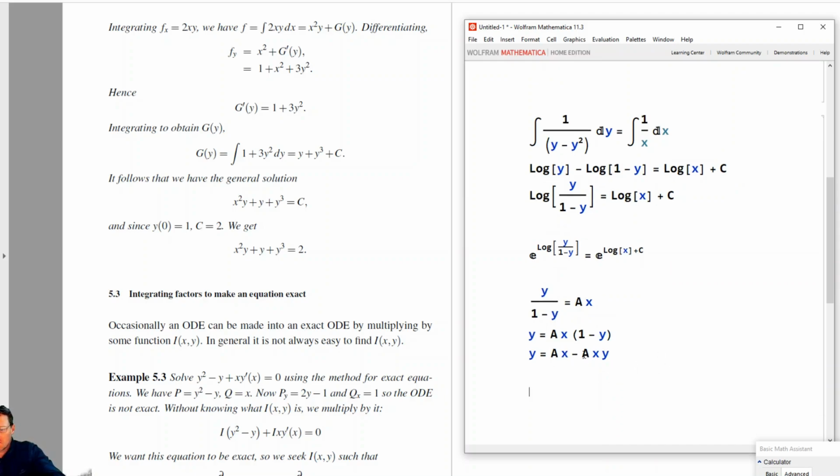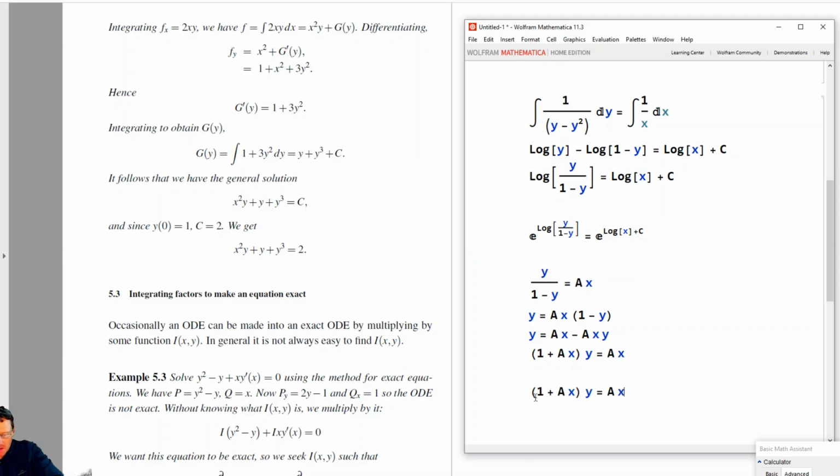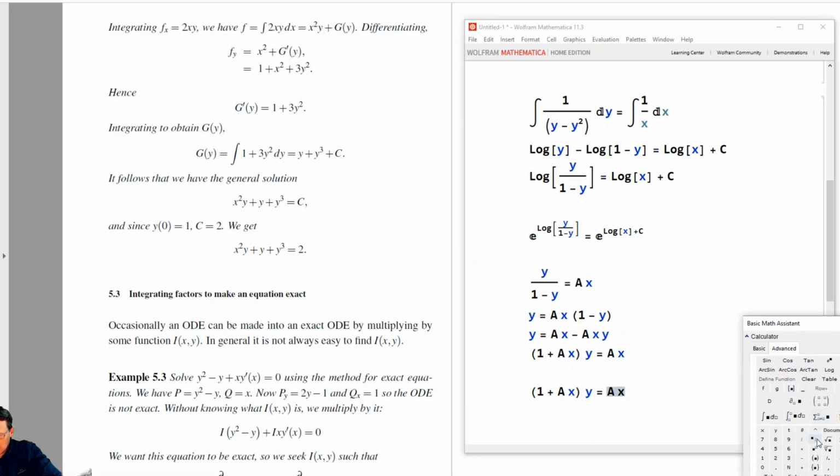Now I take all the y's and put them over together on the left and factorize. So we want to factorize the y's out now. And finally divide both sides by 1 plus ax.